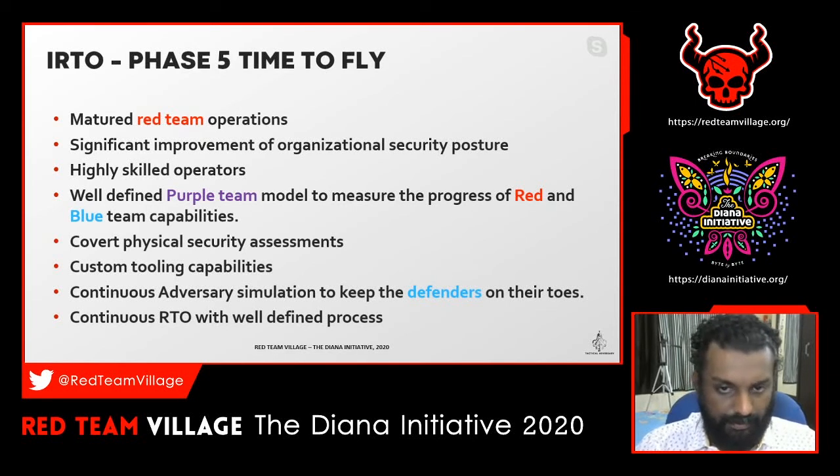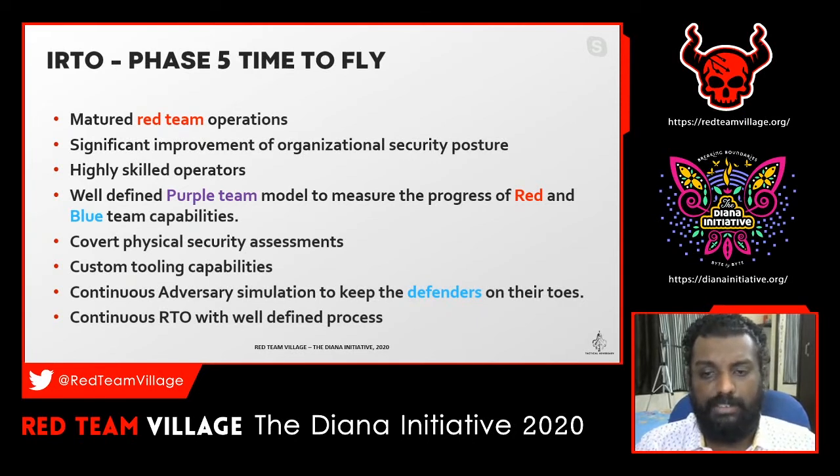Next point, covert physical security assessment. You can start doing covert security assessments by the time you reach phase 5. I have added the covert assessment in phase 5 for a couple of reasons. Some organizations have difficulties allowing their employees to do covert assessments. The red team model needs to earn the trust and confidence of the management, then you can move on to covert security assessments.